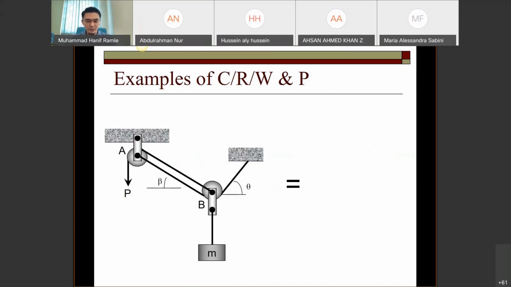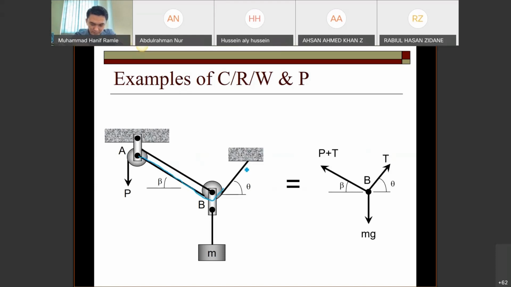Okay, so can you tell me the FBD for point B? How many forces are there at point B? P plus T, and MG down, doctor. Okay, good. The answer is correct. P plus T and MG. So because this system has two different cables.